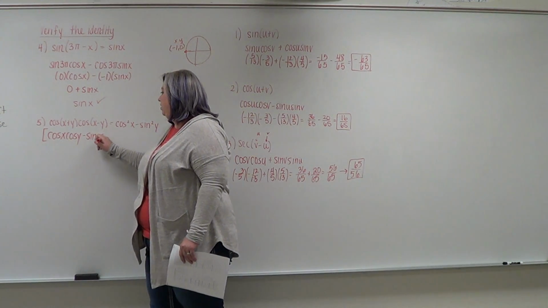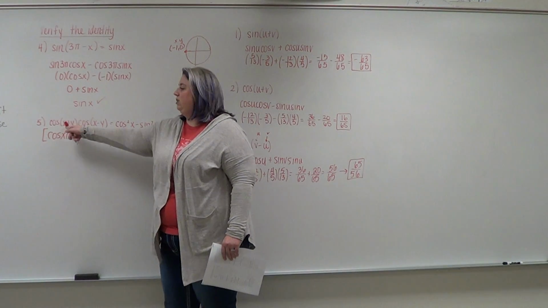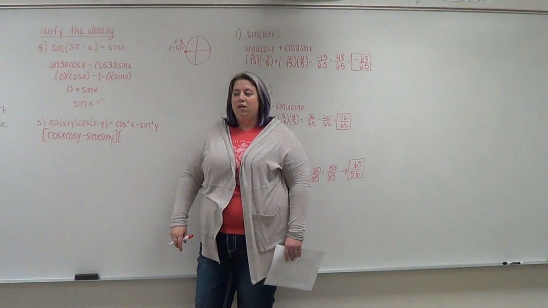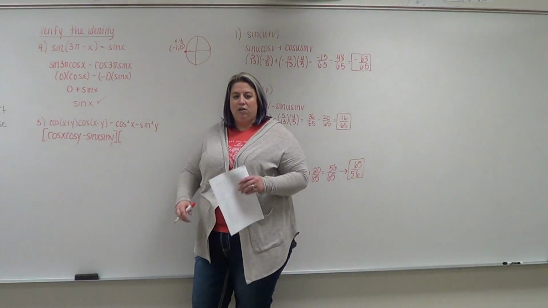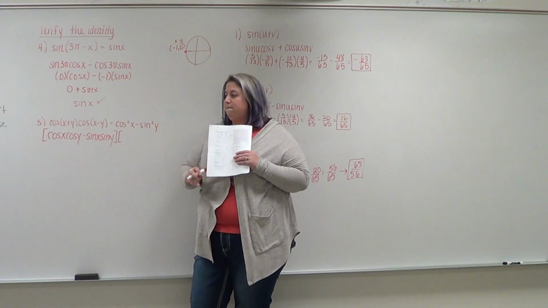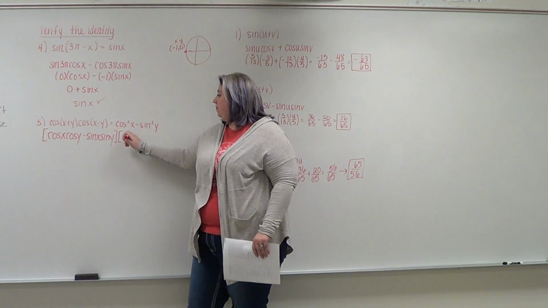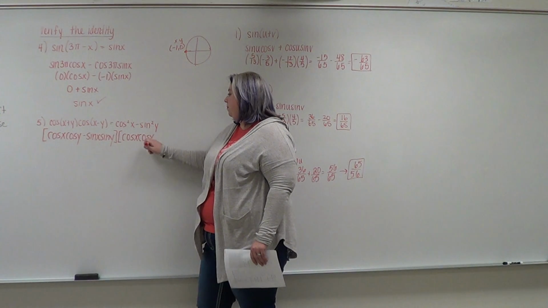Good. Okay, so that's cosine of x plus y. Now we have to multiply that by cosine of x minus y. So what's the formula? Cosine x times cosine y, plus sine x, sine y.